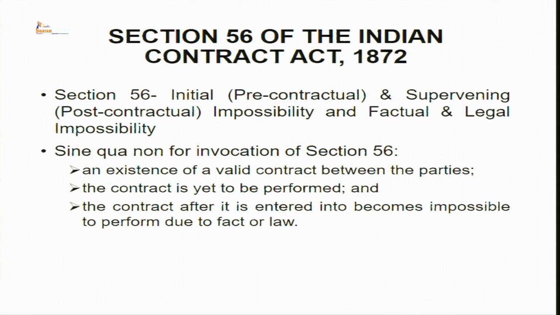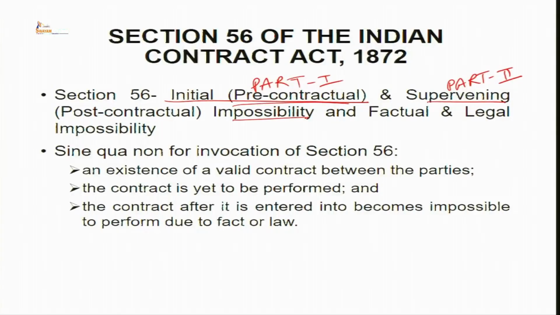Section 56, as I said, this is dealing with part 1, and supervening impossibility is part 2 of section 56. Initial or pre-contractual, that is when the agreement itself, from the very inception, that act was non-performable, impossible to be performed.